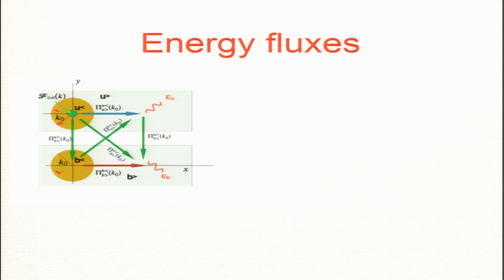Now, so we can define many, 6 fluxes. So, what are those fluxes? So, modes inside the sphere for U to U modes outside the sphere, that is Kolmogorov.